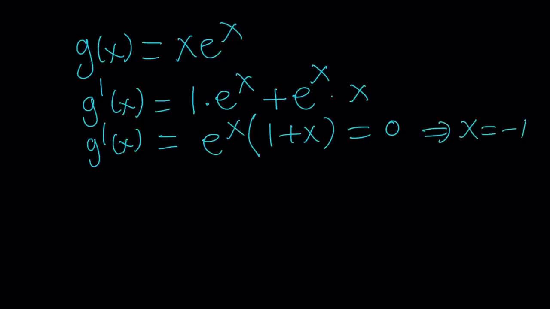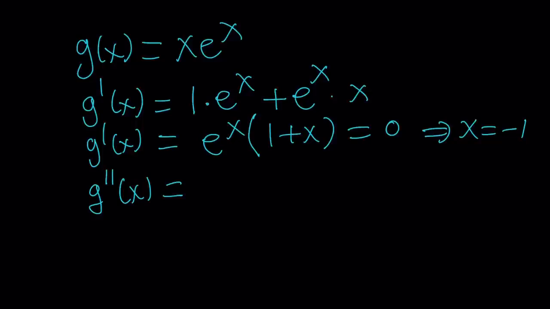Great. What is that supposed to mean? It means x equals -1 is a critical point. But is that a maxima or minima? We need to make a table or use the second derivative test. Some people find the second derivative test easier. It's totally up to you, but a lot of times I'll use the table, and guess what? I'm going to do the second derivative test this time, just for the sake of change.